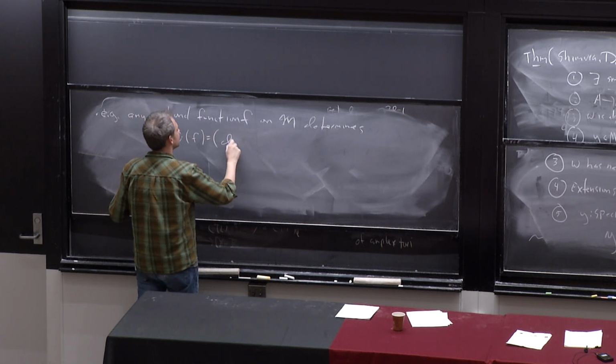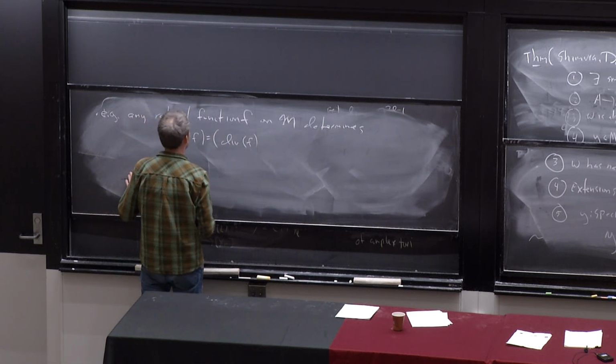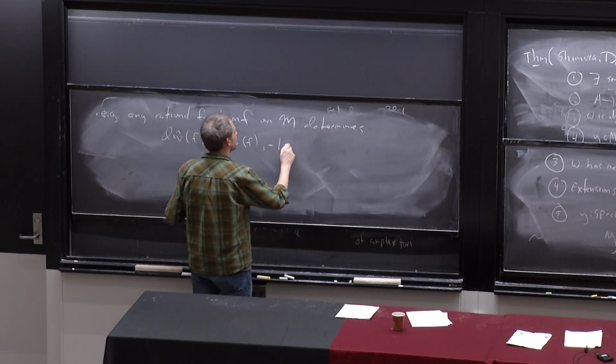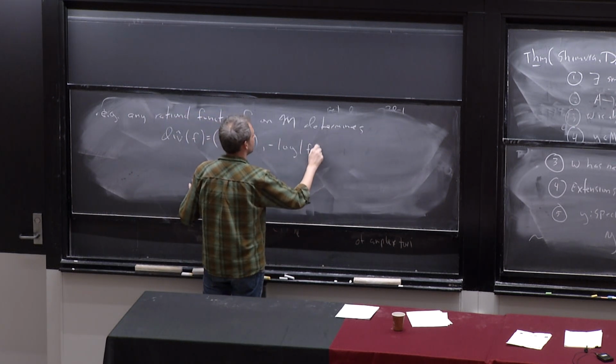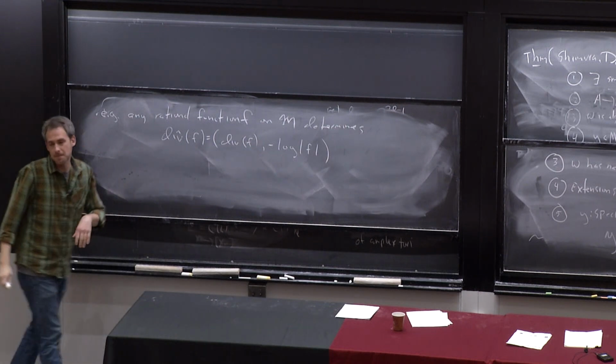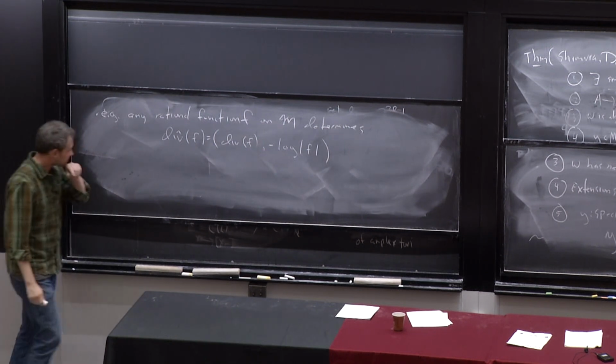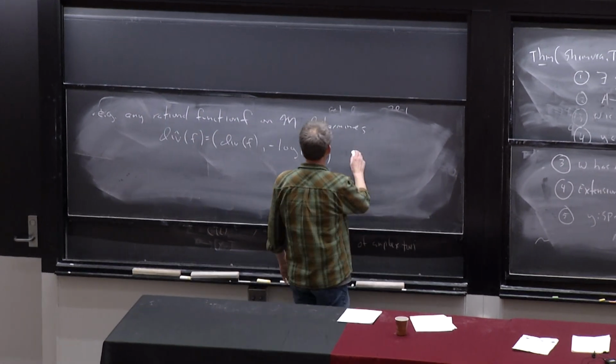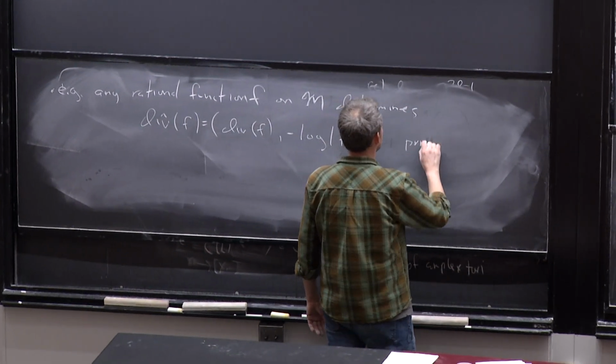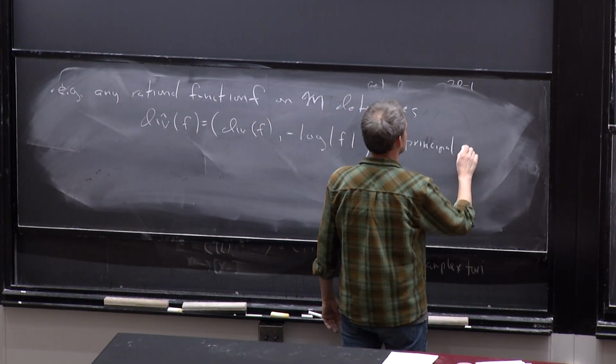The underlying divisor is just the divisor of f in the usual sense. And the Green function, I'm going to take minus the log of the absolute value of f. So these are called principal arithmetic divisors.